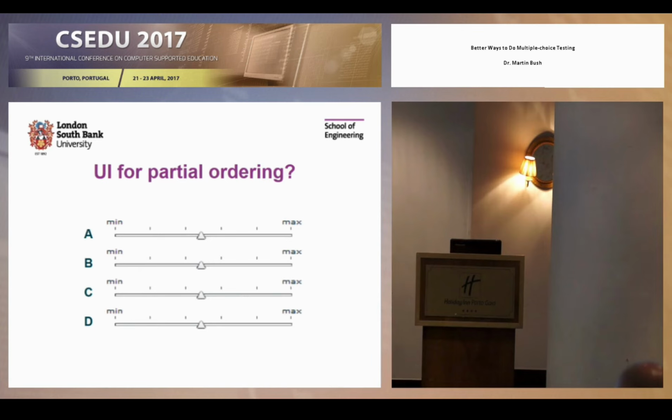each slider goes from 0 to 100. Now it's the expression, putting all your eggs in one basket. So if a student thinks the answer is A, is confident of A, they can put A to 100 and B, C, D, 0. But with probabilistic testing, these have got to add up to 100.